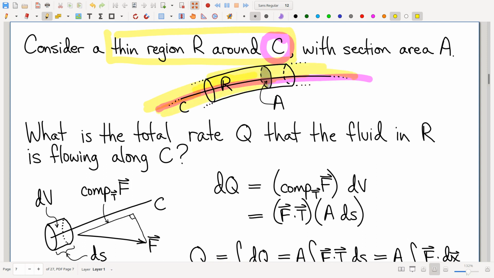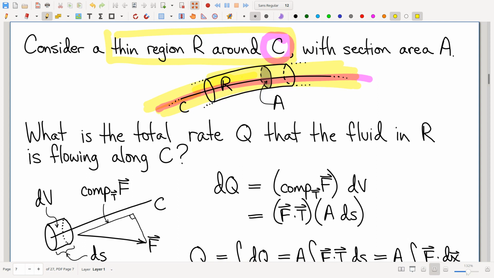But I'm going to look at this kind of fattened up curve. It has a cross-sectional area. I'm going to make this a constant cross-sectional area A. We'll come back and see how that plays in a minute. But I want to consider this thin region that follows this curve with cross-sectional area A.